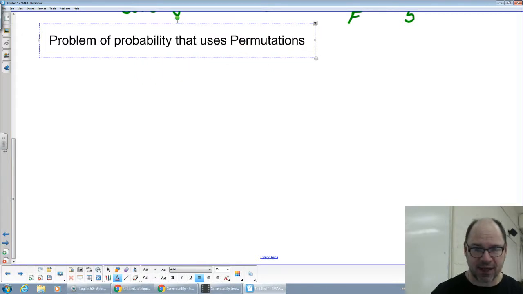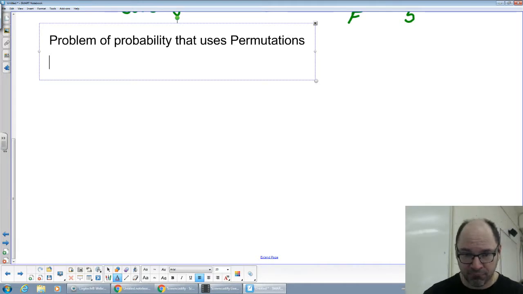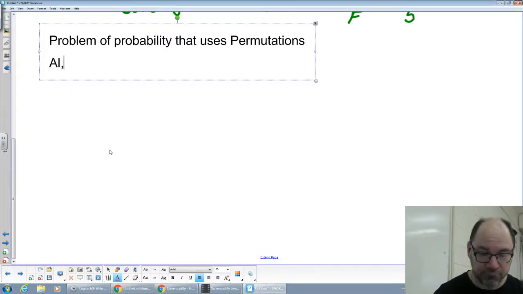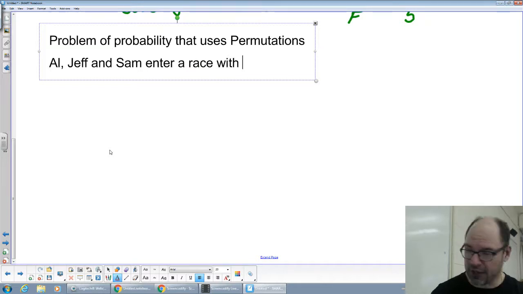All right, so let's set up an example of permutations here. I've got one set up here. Let's try this one. All right, so let's say Al, Jeff, and Sam enter a race with 8 lanes, we'll say.